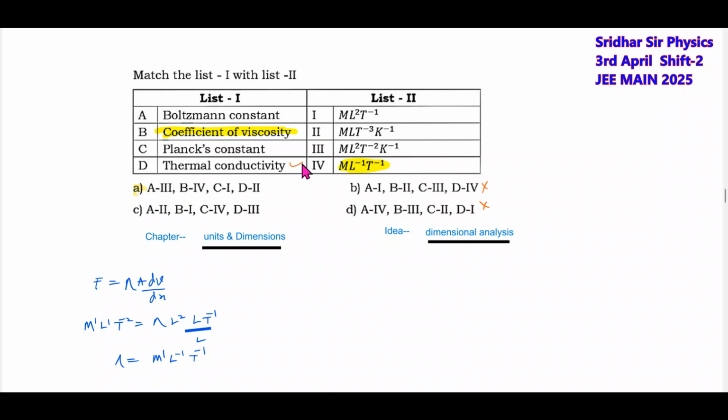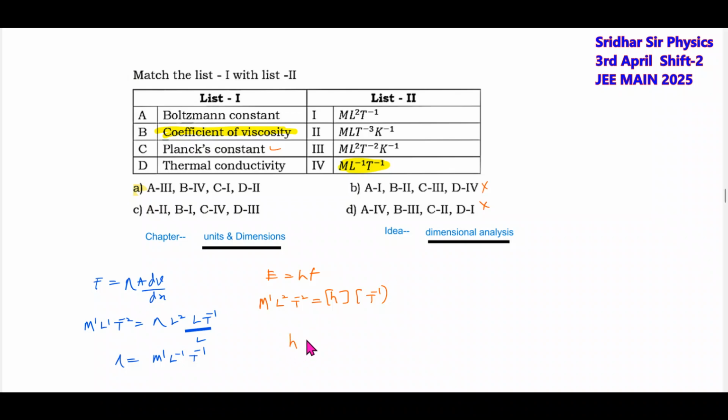We'll take the easy one, thermal conductivity, or you can take Planck's constant. We'll take Planck's constant next. Planck's constant means E equal to hf. Energy has dimensions M1 L square T minus 2, since energy is force into displacement. Dimensions of frequency will be T minus 1.